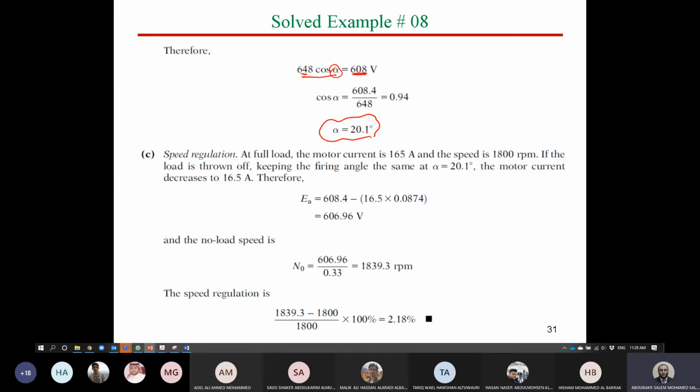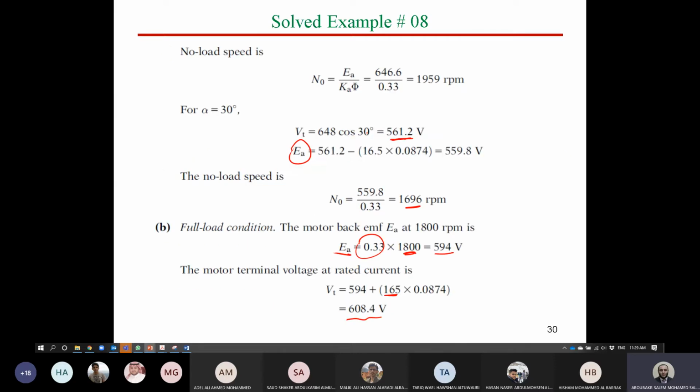So it should be between the value of voltage at alpha equals 0 and alpha equal 30. At alpha equals 0, the value was 648. So at alpha equal 20, it's less than alpha equal 0. Compare it to alpha equal 30. Let's see, alpha equal 30, the voltage was 561. So our solution now is logical.